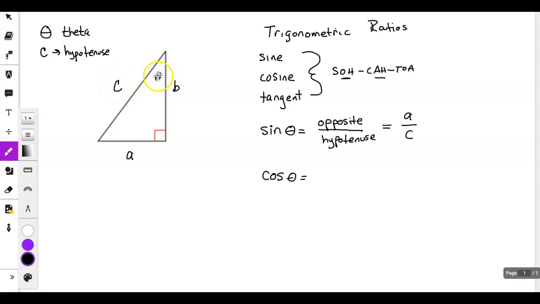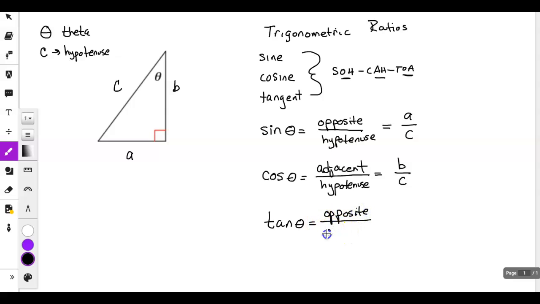The side adjacent to theta is B, and the hypotenuse is C. Lastly, we have the tangent ratio, abbreviated TAN, which is O over A: the opposite side over the adjacent side. The side opposite theta is A, and the side adjacent is B.